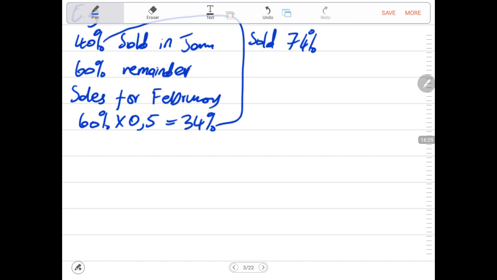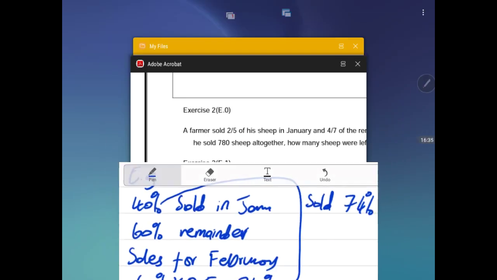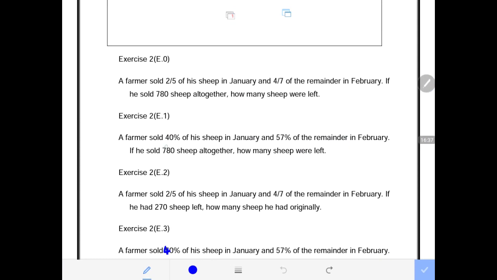Now we have this information, and we know that sales of January, which is 40% times X, remember, or we can say 40% sales of January plus 34% sales of February equals 780. Why am I saying this? Because we are told that altogether I sold 780 sheep. That is the total sales.